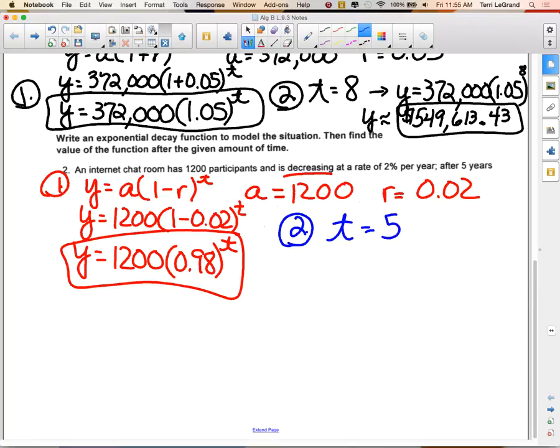We'll figure out how many participants would be in this chat room after 5 years. And you must show your substitution step before you let your calculator do its thing. This is people, so we'll round to the nearest whole number.